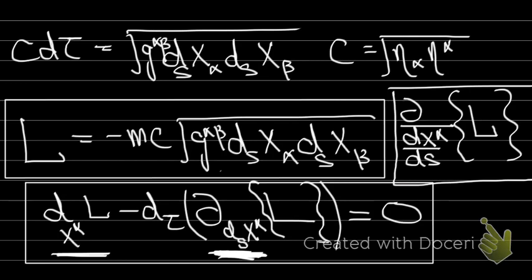Now let's look at the second term, the term inside these brackets. So let's go ahead on the next page and compute that term: the partial derivative with respect to the derivative with respect to s of x alpha of L, the Lagrangian.